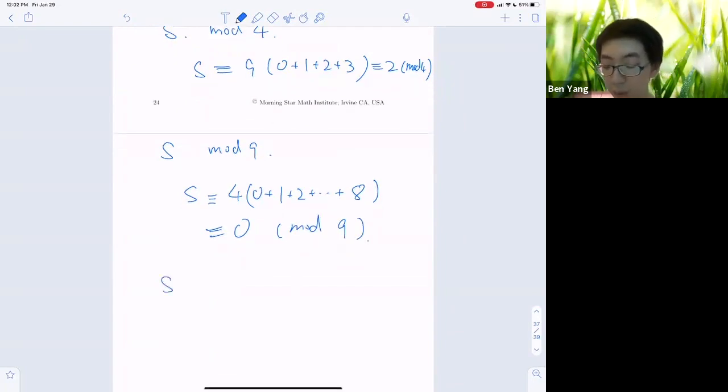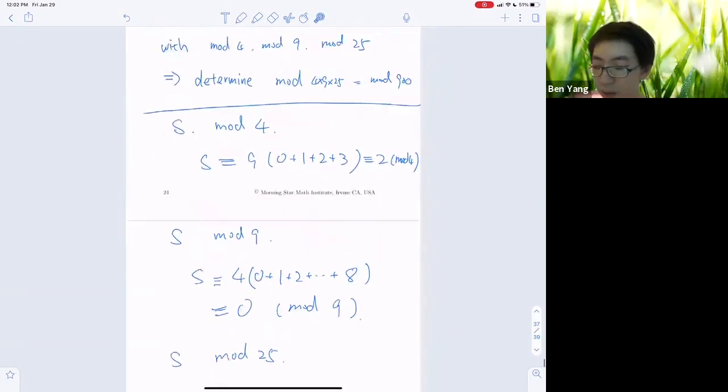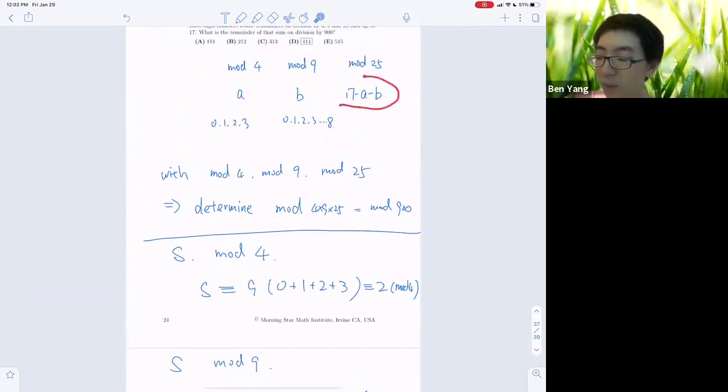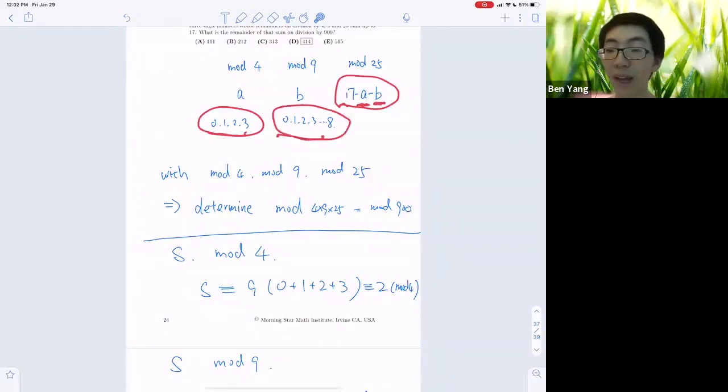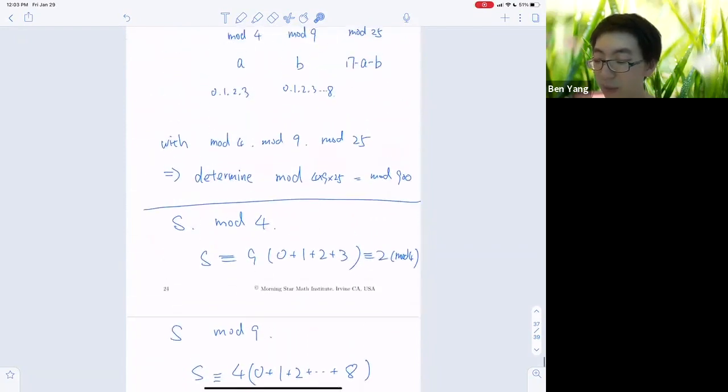And finally, we need to find the remainder of S on division by 25. So what are the remainders of those numbers mod 25? Well, they are just 17 minus A minus B, with A being one of 0, 1, 2, 3, and B being one of 0 through 8. So the sum is congruent to, first of all, 17 times 36, because there are 36 numbers, and each of them has a 17 in the front.